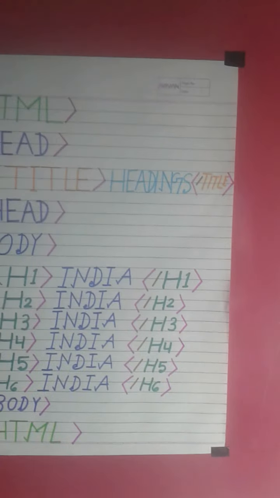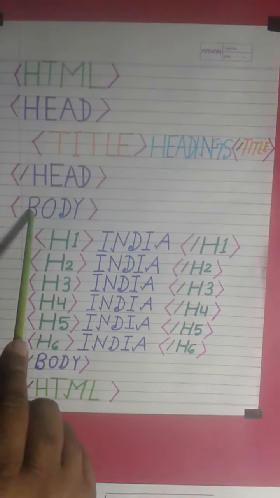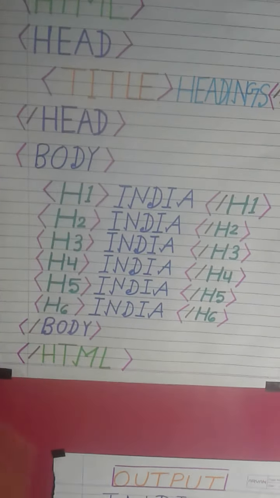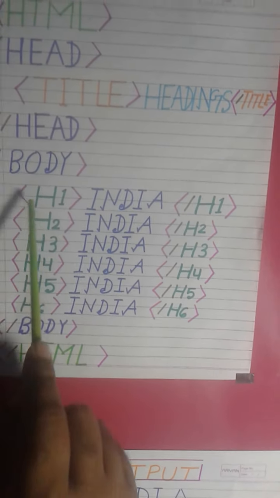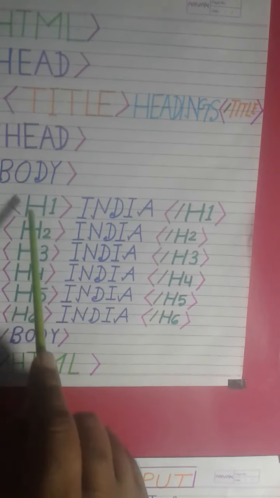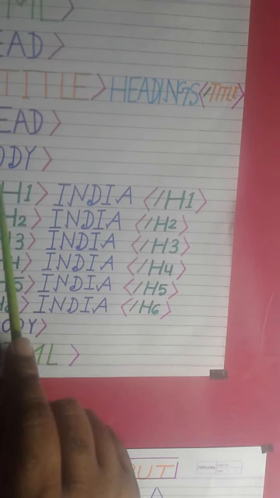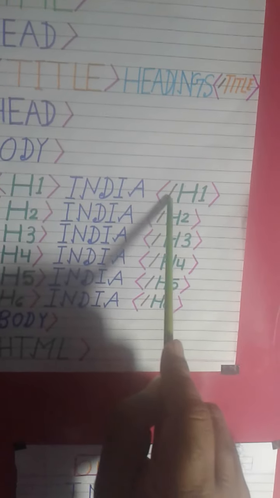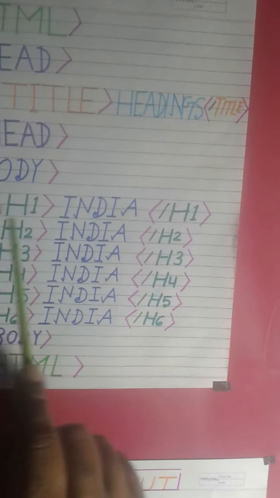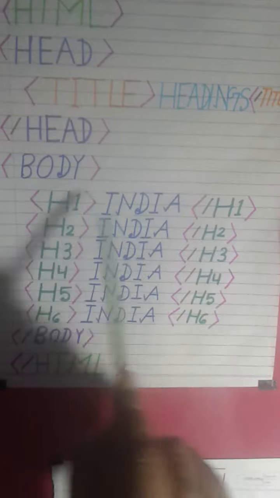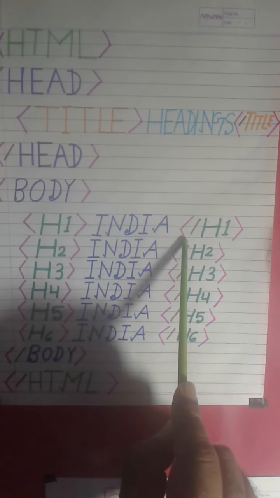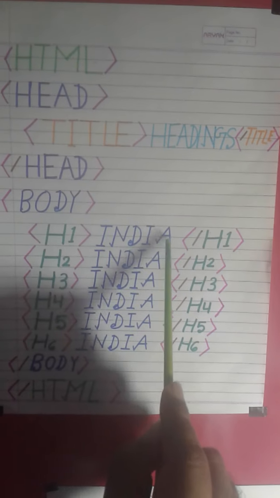Now this is the main tag, the body tag. In the body tag we use H1 tag, H2, H3, H4, H5, H6. This is the starting H1 tag, this is the closing of the H1 tag, and between the starting and closing H1 tag we type text like India.